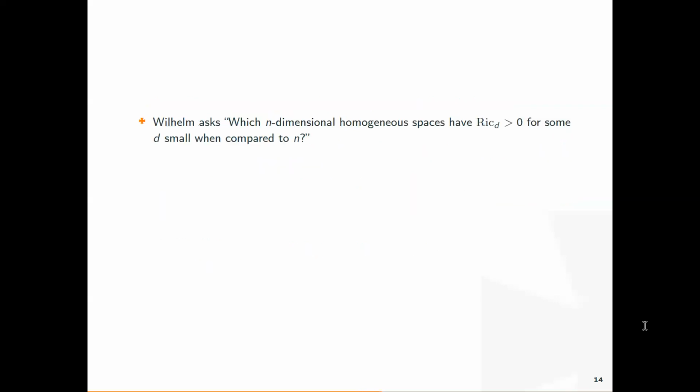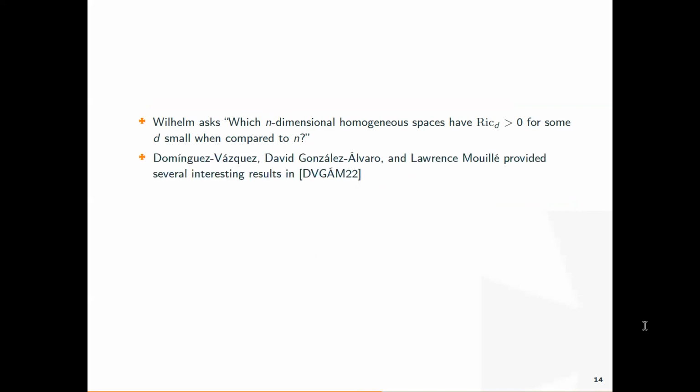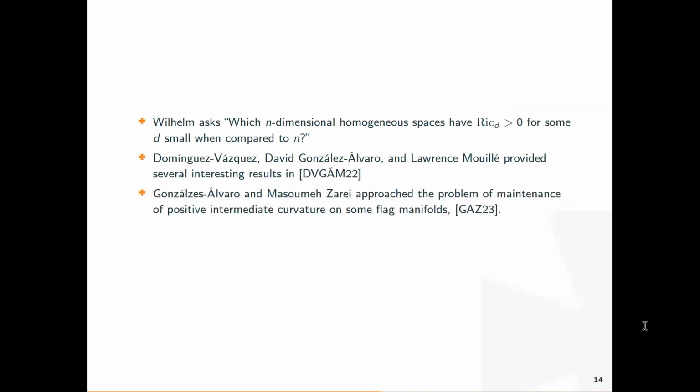It's also very important to mention the paper from Wilhelm that I just mentioned, where he asks about, well, a good point to try to understand the intermediate curvatures should be looking for homogeneous spaces. This is in part what we have been doing, but I must remark that Domínguez-Vázquez, David González-Álvaro, and Lorenzo Mouillé provide some very interesting results about intermediate curvatures and homogeneous spaces.